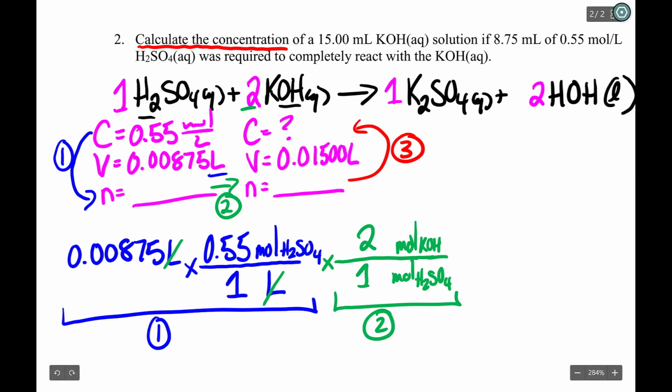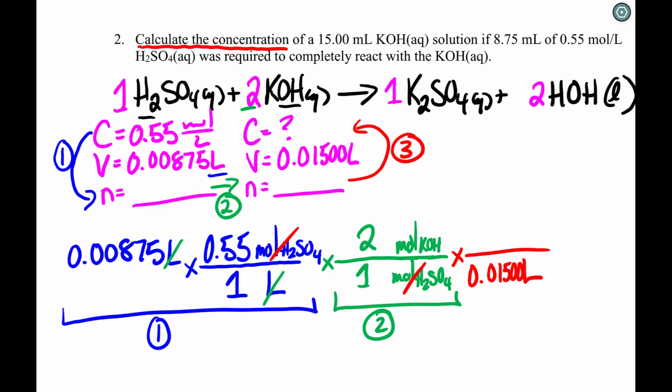In my third step, I need to turn this into moles per liter. Now, I already have moles of KOH, so normally we're quite used to canceling out what's on top with something on the bottom, but I actually don't want to cancel out this unit. I just want to divide it by the number of liters, which I have, which is that 15 milliliters, so 0.01500. So then the question often becomes, well, what do I put on top here? And the answer is just 1, okay?